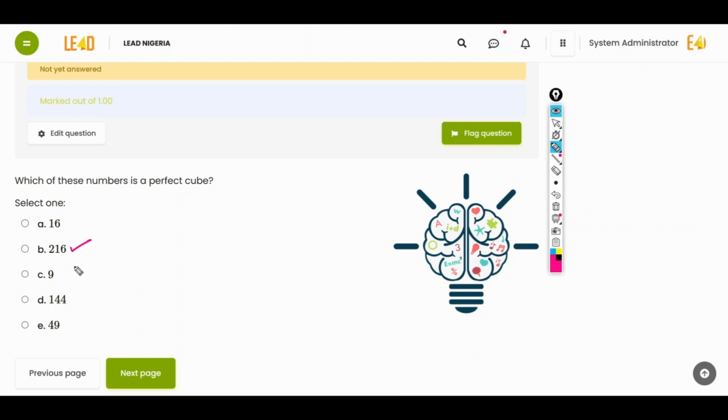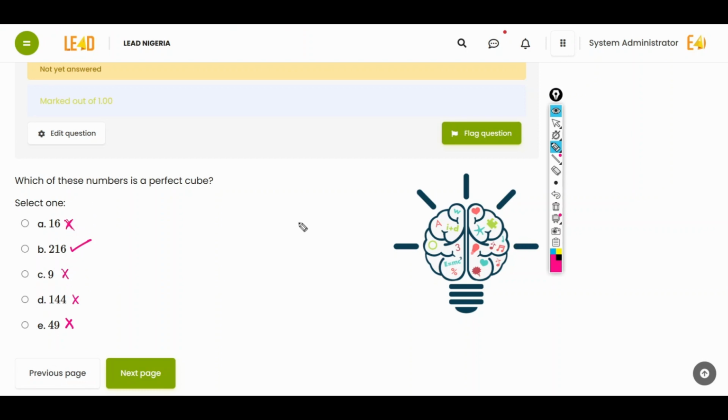But we can eliminate options. For instance, we know that 7 times 7 gives 49, so there is no way that it's going to be a cube. 12 times 12 gives 144. 3 times 3 gives 9. So these are all squares, they're not cubes.